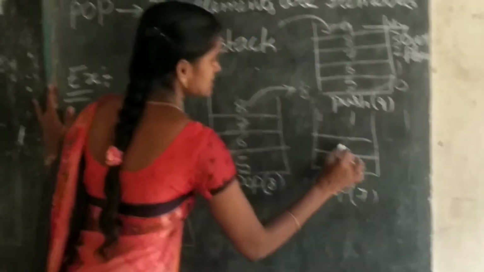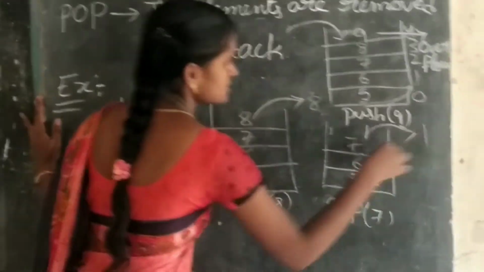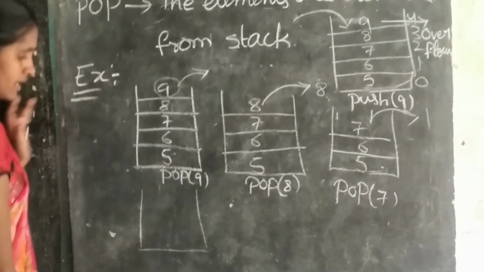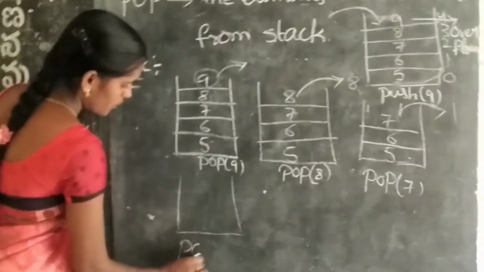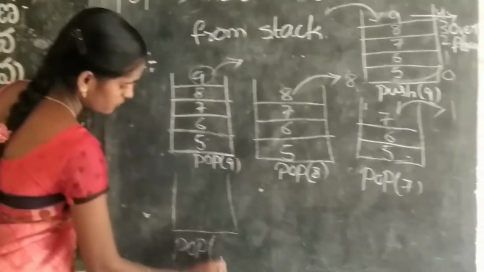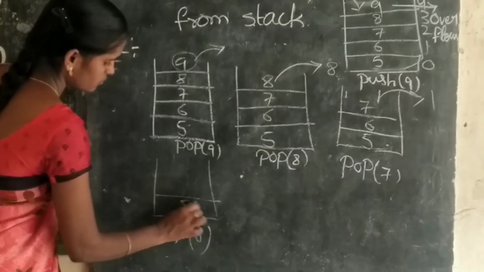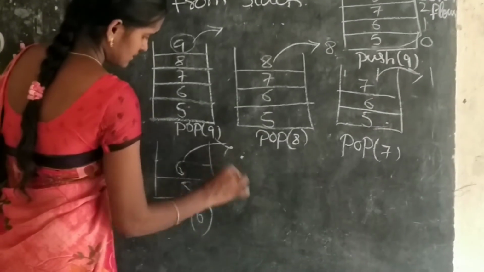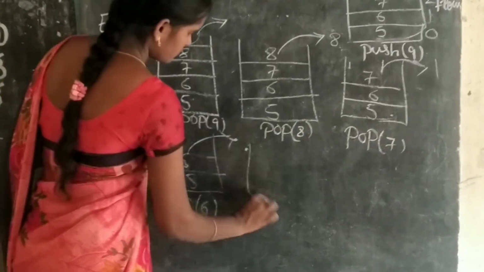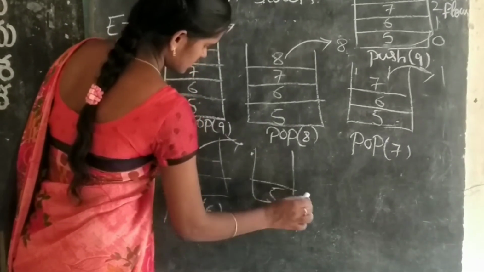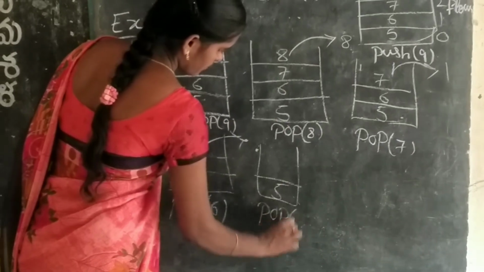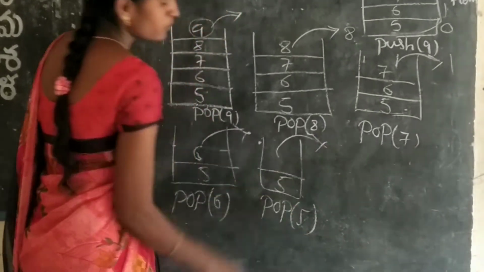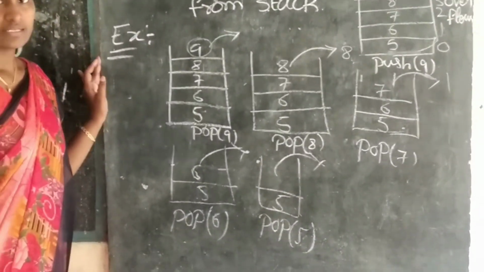Now 5, 6 remain, as 7 is removed from the stack, and next we go to pop of 6. That means we remove the 6 from the stack. Always they are removed one by one like that. Pop of 5. This is the pop operation for the stack.